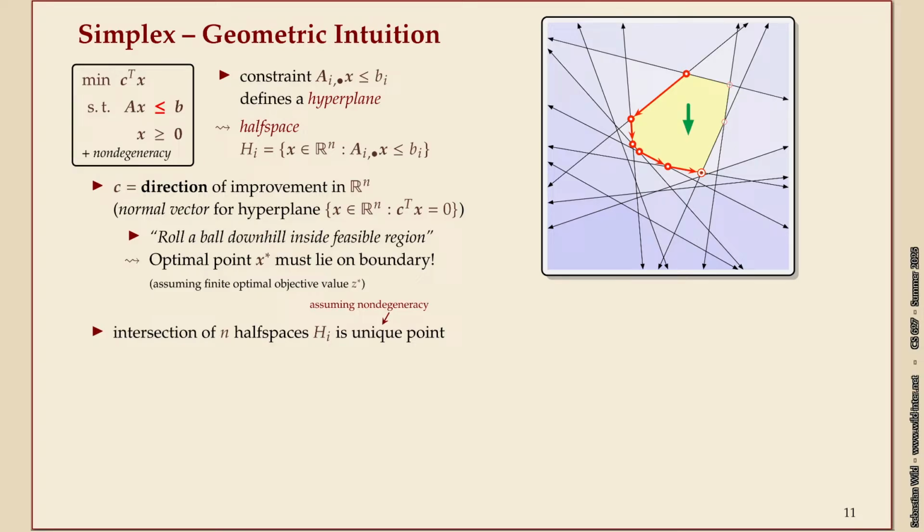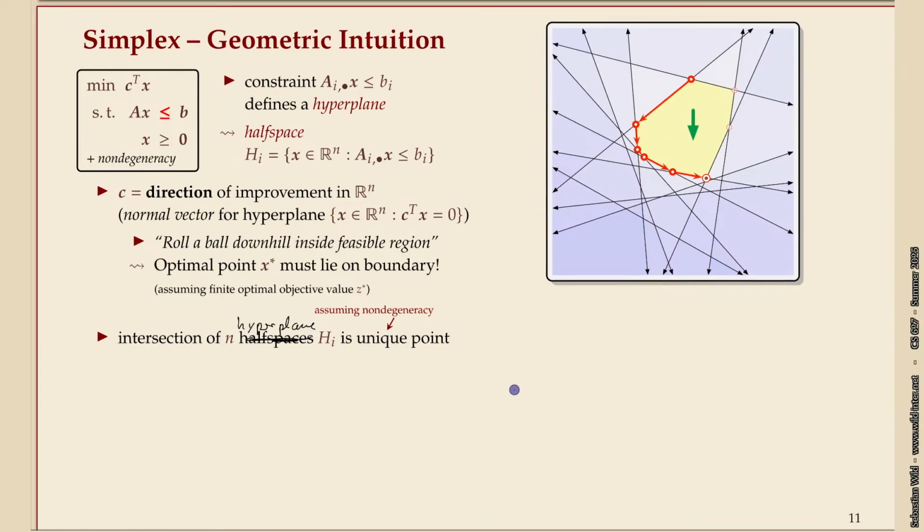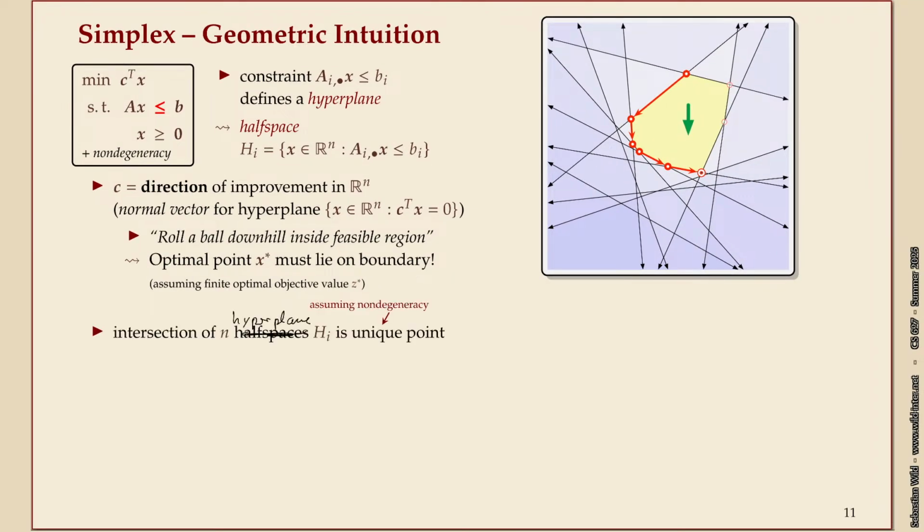If you take enough half spaces, I guess this is hyperplane, not half space. A half space is everything below a line. The hyperplane is the generalization of a line. And if you take n such lines, here 2, then you get a single point.